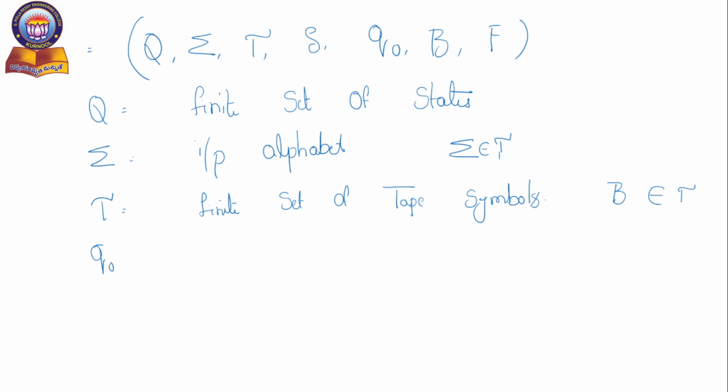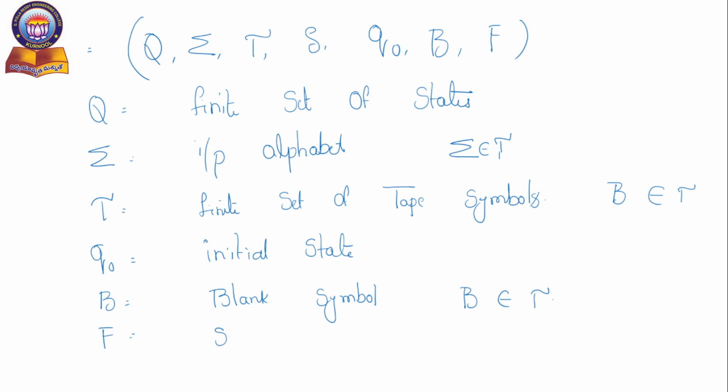Q naught is the initial state of the machine from which transitions will occur. B is said to be the blank symbol, and B belongs to tau.